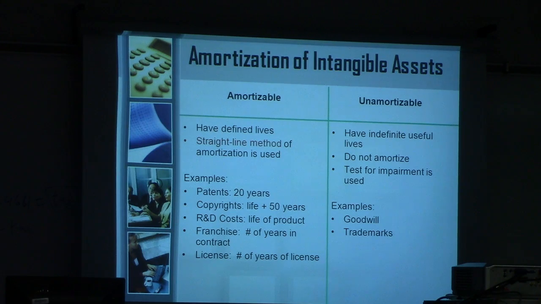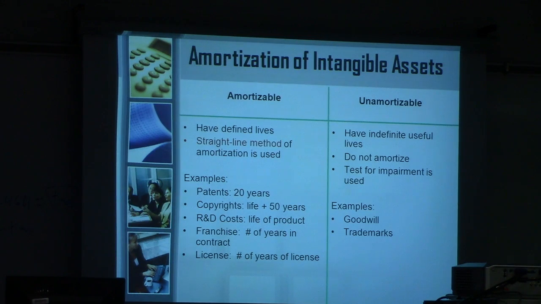So some of the examples of intangible assets that are amortizable are patents, and legally they have a life of 20 years. Sometimes they can have a life of less than 20 years, so then you would amortize them for that number of years that the government has given you the patent for. Copyright's life is whatever the life of the copyright is plus 50 years, so that can obviously be a long life.